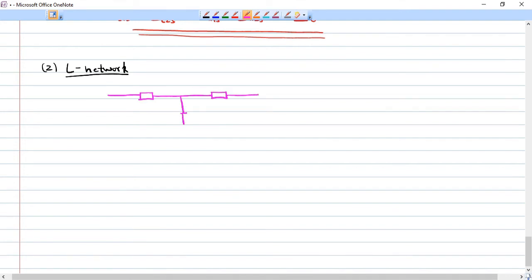It can also be viewed as a special case of a pi network. So this is explained in lecture 1. So we will take the case of a T network and see how we can modify this T network to an L network. So this is the series impedance ZA, and this is the impedance ZB and ZC. Now how to make this an L network? Like this.